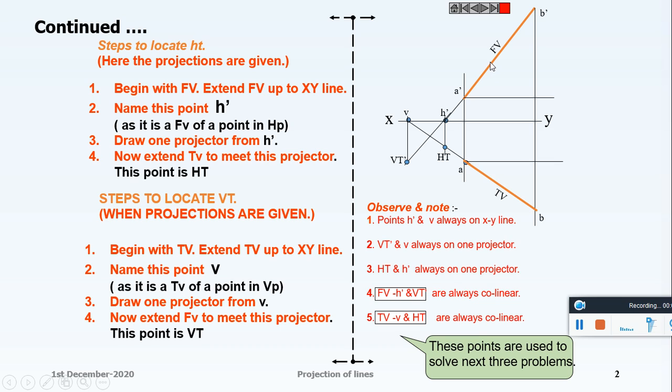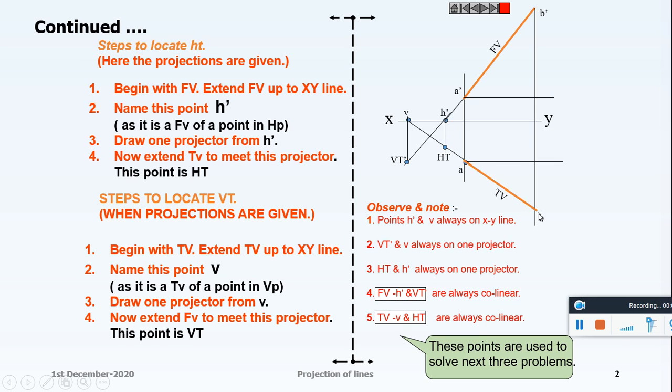Produce the front view A dash B dash to meet the XY line at point H dash. Draw a vertical line at H dash. To that point, produce the top view AB to meet at point HT, which gives the horizontal trace.